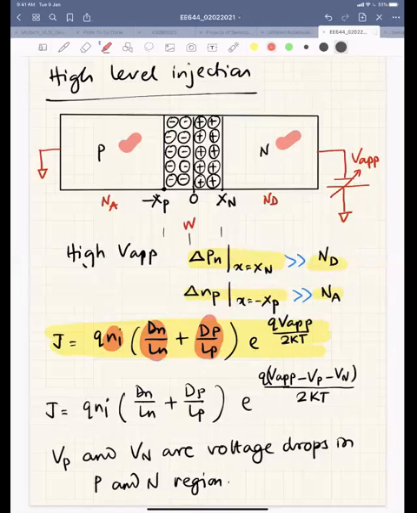But if a very high current flows, then there will be a finite drop in the P and N regions. So if I'm applying a voltage V applied across this diode, there will be some drop in the N side, which is Vn, and a drop Vp in the P side. So the voltage reaching the junction is nothing but V applied minus Vp minus Vn, so you just have to replace the applied voltage with V applied minus Vp minus Vn, where Vp and Vn are the voltage drops in the P and N regions.